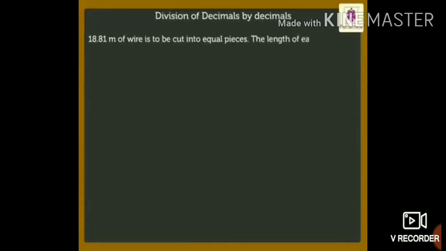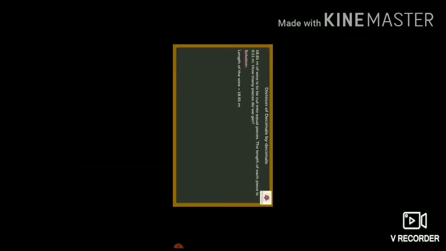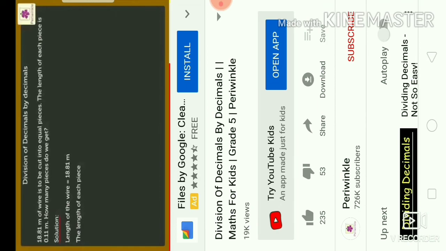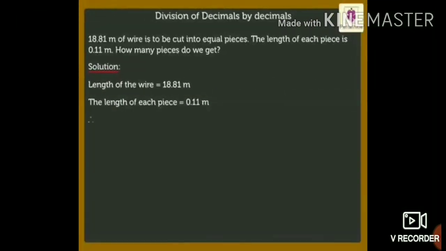The next example: an 18.81 meter wire is to be cut into equal pieces, and the length of each piece is 0.11 meter. How many pieces do we get? The length of the wire is 18.81 meter, and the length of each piece is 0.11 meter.